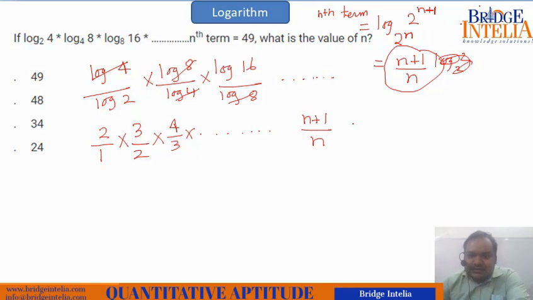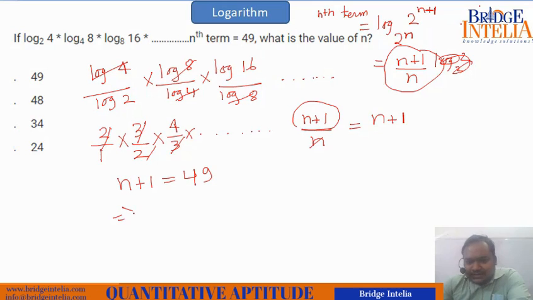This 3 cancels this 3, this 2 cancels this 2, and so on, but this won't get cancelled. So the final answer would be n plus 1. Now it is given to us that n plus 1 is equal to 49, so this means n must be equal to 48.